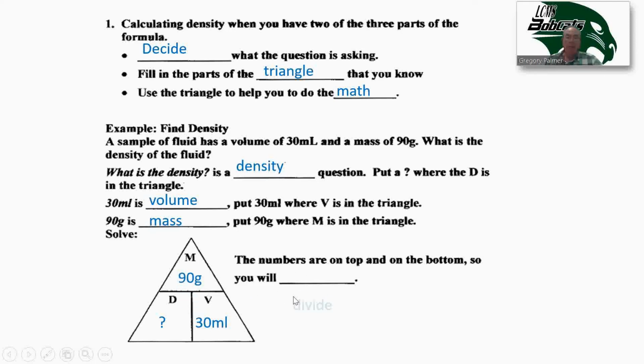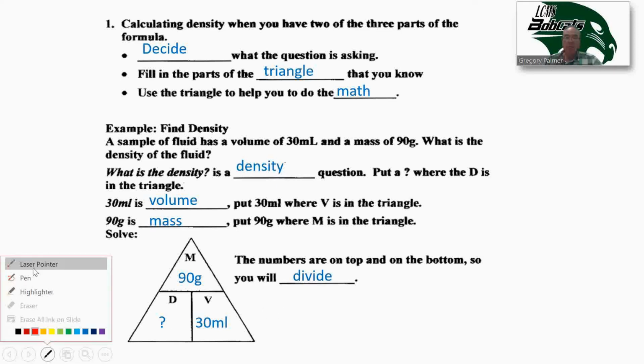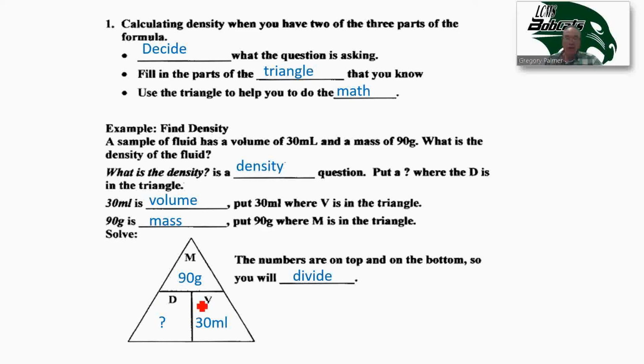Numbers are on the top and bottom, so we know we need to divide. Okay, your problem is right here. 90 divided by 30. So we take 90 divided by 30, and that equals 3.